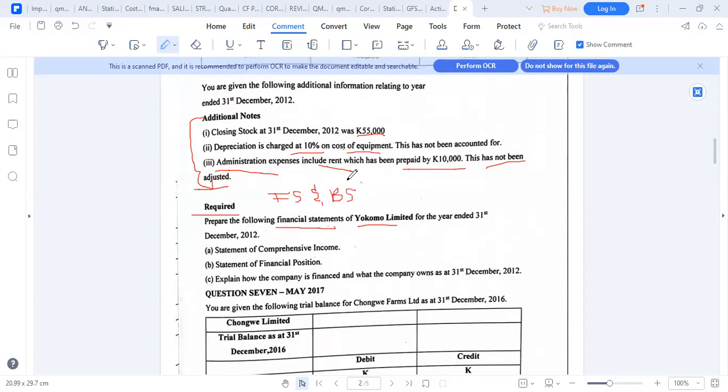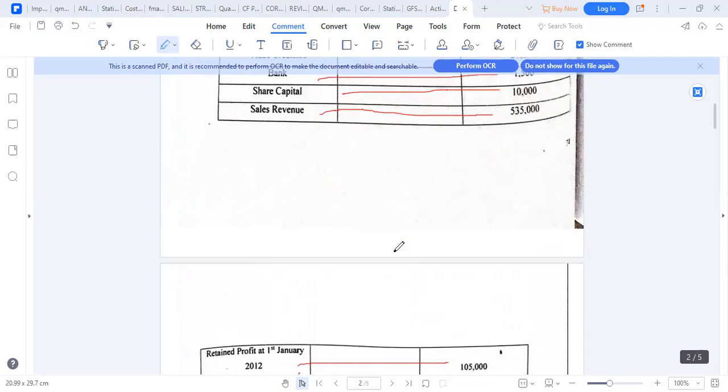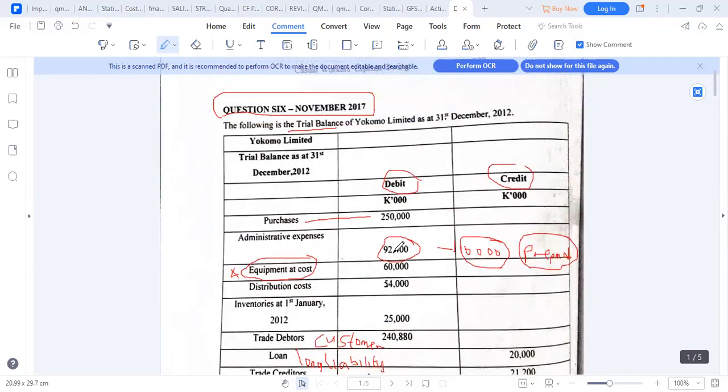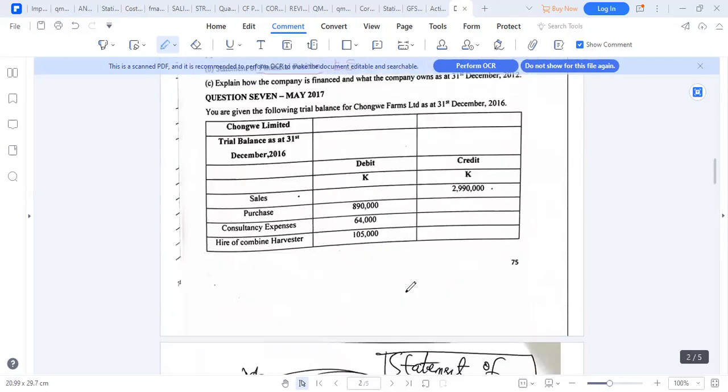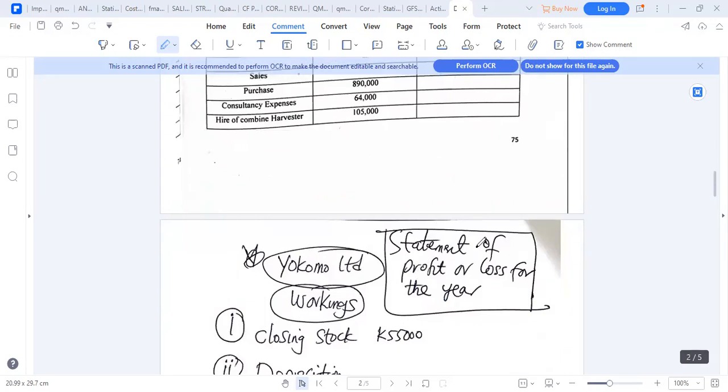So you're finding the income statement, the comprehensive income, and the statement of financial position, which is the same as the balance sheet. Now from this question, we can look at the solution, which is the statement of profit or loss.